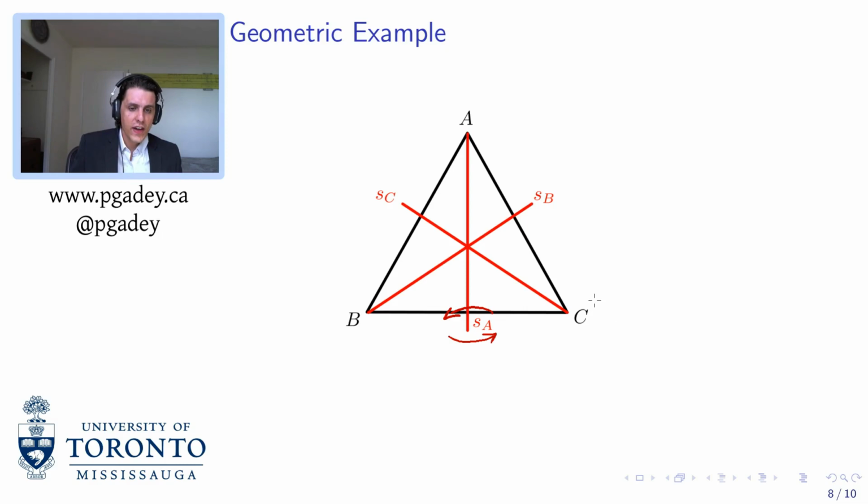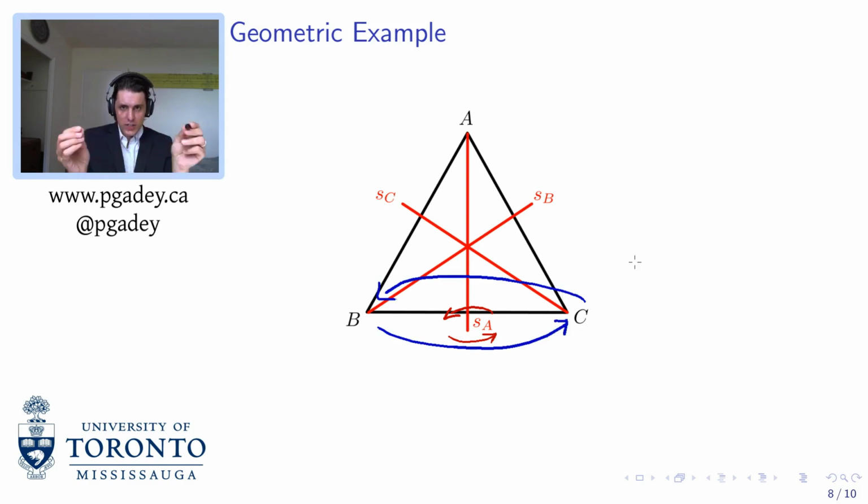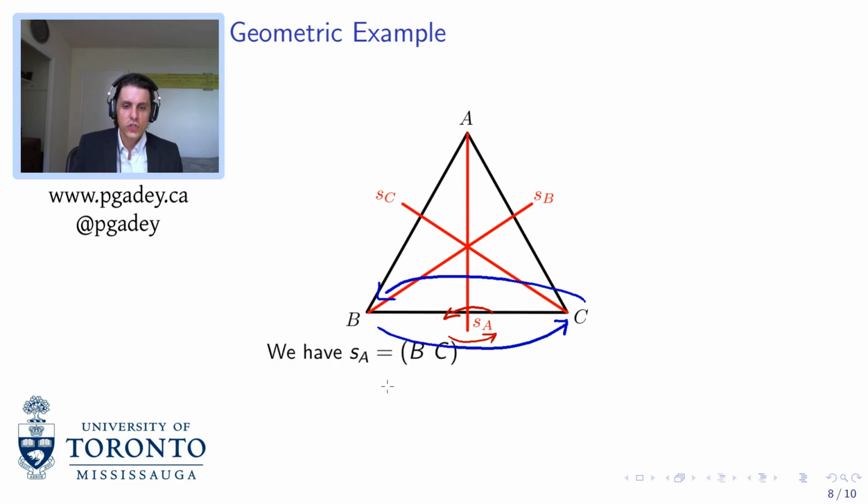And it has the effect of permuting B and C. Right? Those two endpoints get switched when we reflect across the line containing A. So we obtain that SA should be the cycle (B C).